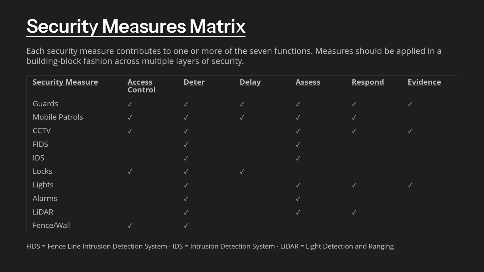Barriers like fences and walls contribute to delay and denial. The key takeaway here is that no single measure is sufficient on its own. Effective security requires a combination of measures, strategically layered to support multiple functions. This matrix helps security professionals design systems that are balanced, efficient, and resilient.